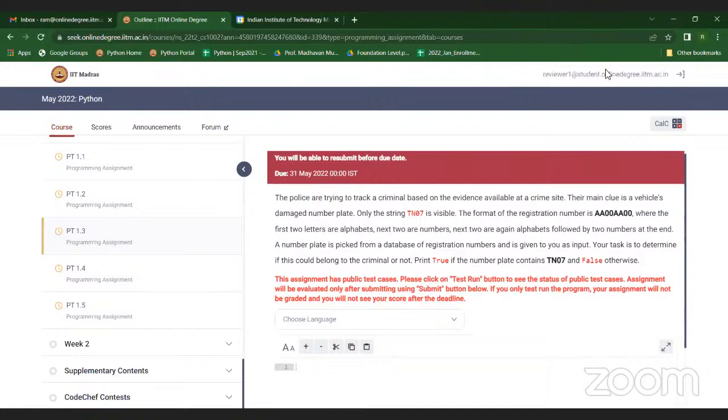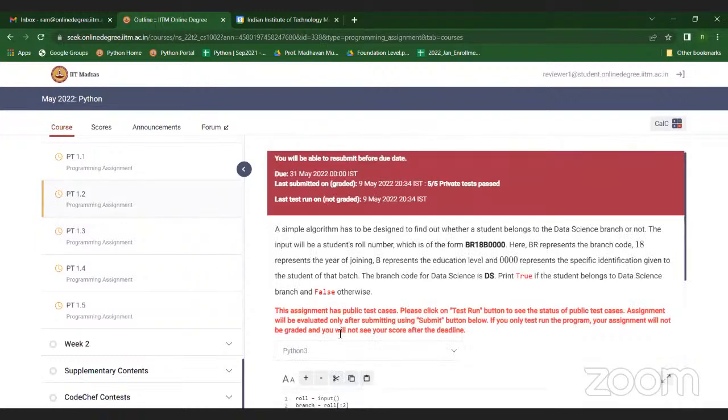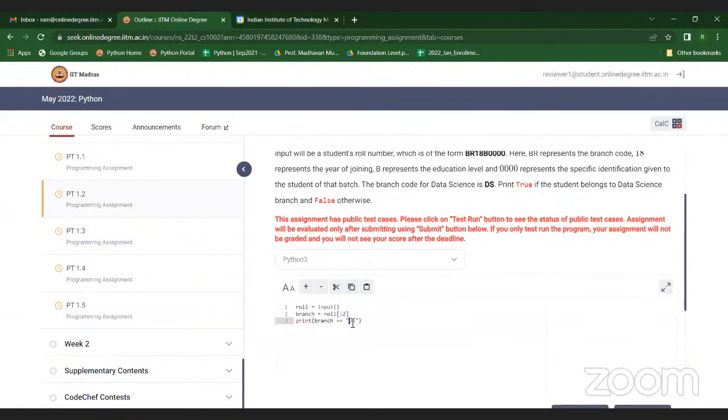Sir, it says DS is not defined. That should be within the quotes in the code. You have to mention double equal to. Can you share the code?